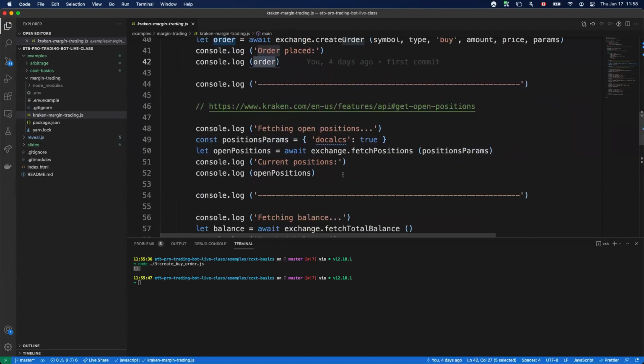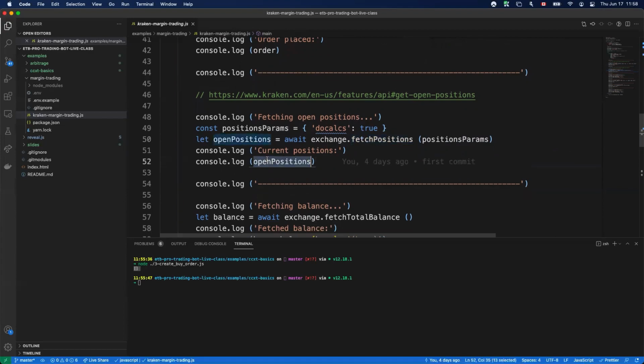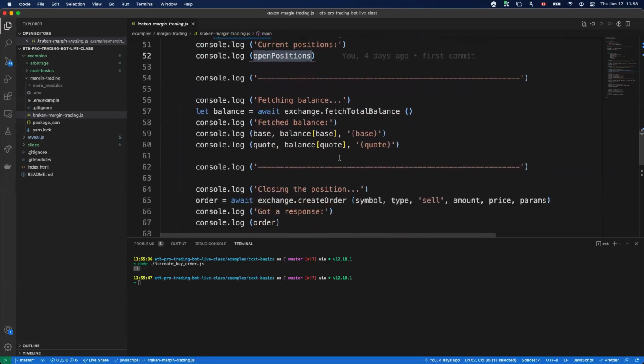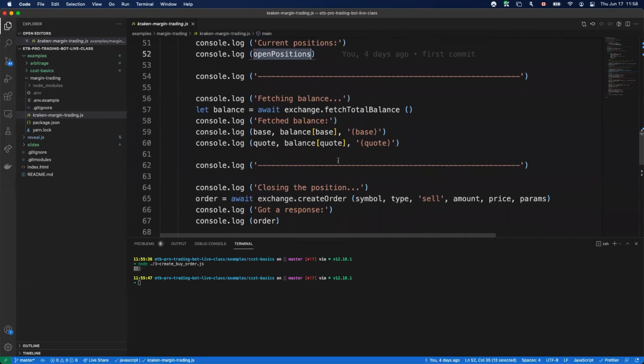After that, we're going to fetch all the open positions. Open positions are fetched using a function called fetch positions. We're going to print all the open positions, and we will be fetching the total balances.